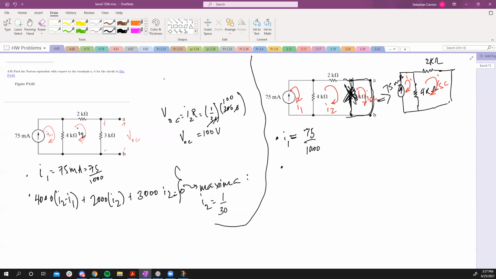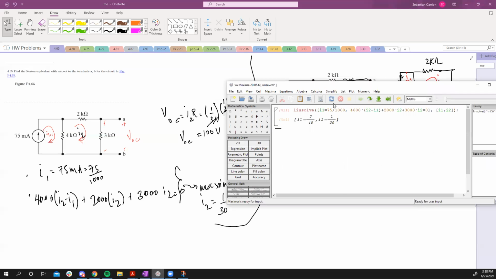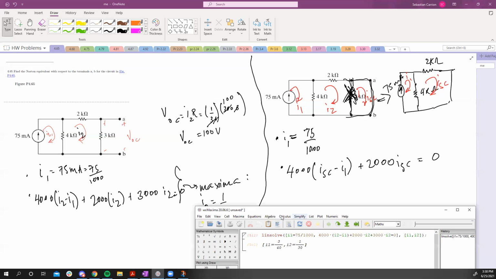So then we have 4,000 ISC minus I1 plus 2,000 ISC equals 0. Just to avoid the math, I'm going to plug this into Maxima again. Two equations: I1 equals 75 over 1,000, and 4,000 times ISC minus I1 plus 2,000 times ISC equals 0.